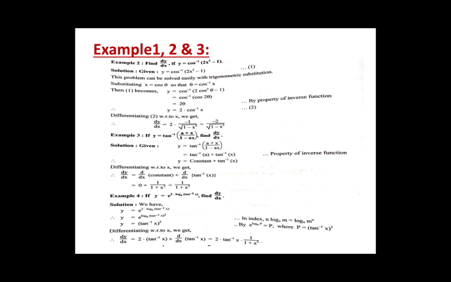Now let us see some examples based on this. The first example is: find the derivative if y is equal to cos inverse of (2x square minus 1). Now class, in the previous video we had seen the derivative of composite function, right?